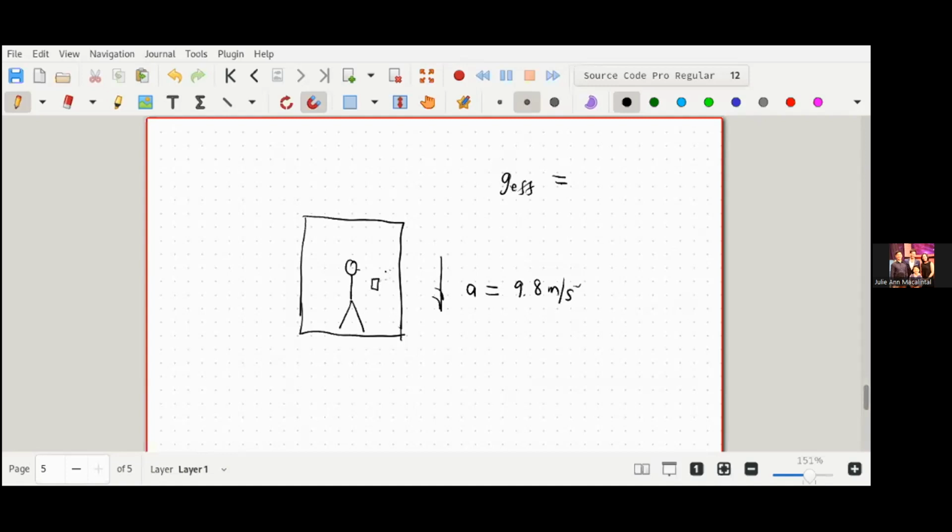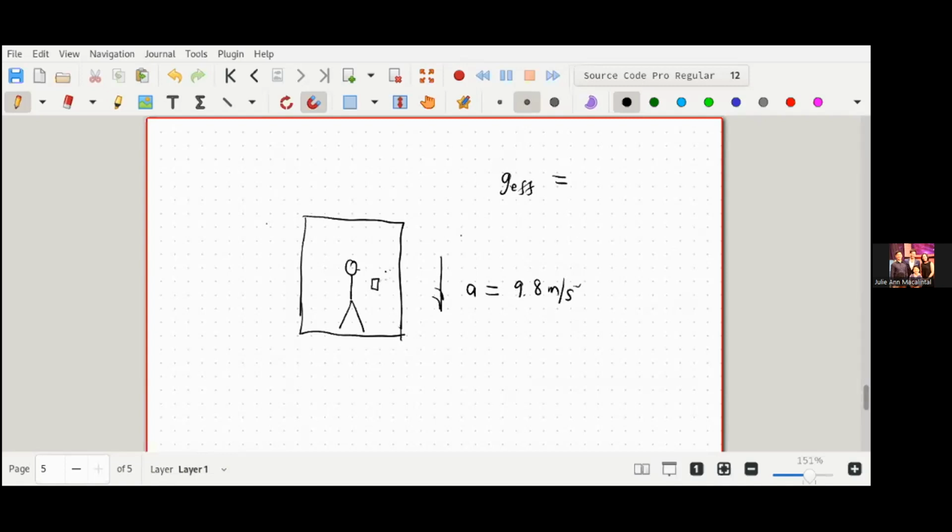So, for someone inside the box, ano yung direction ng down? Yung sa kanya direction ng down. Okay. So, umakyat yung smoke, bumaba siya.